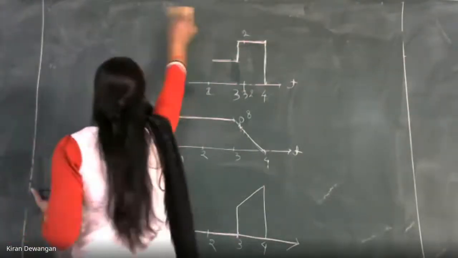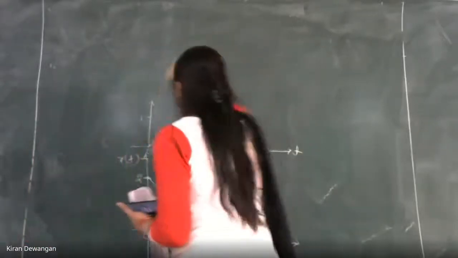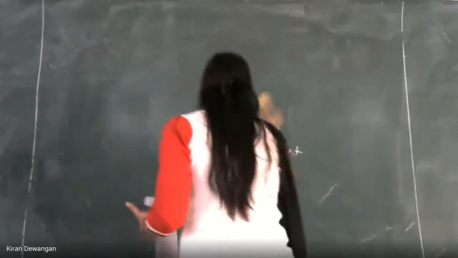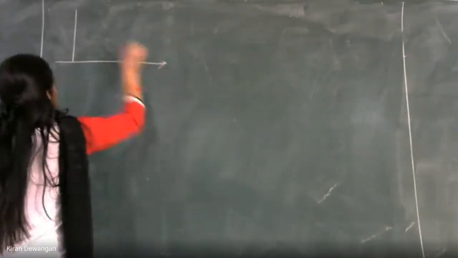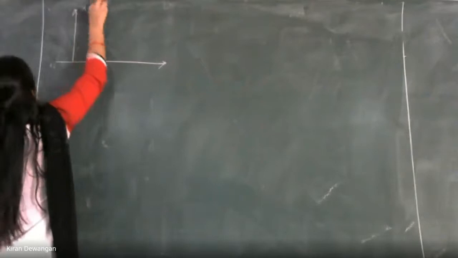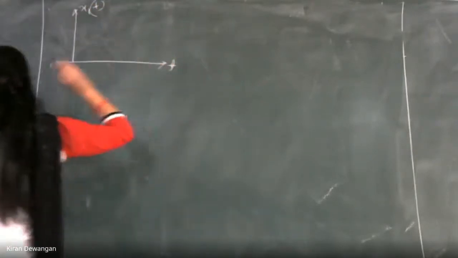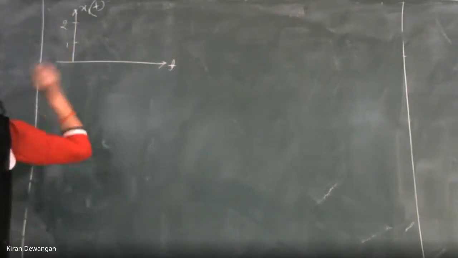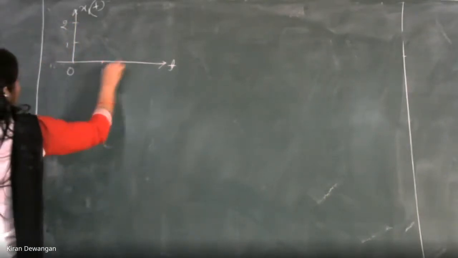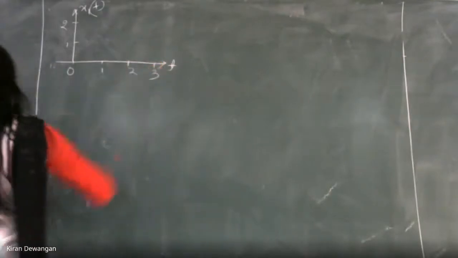Now we'll perform signal multiplication. Now we'll see how the signals get multiplied. Let us take the example of x1t, this is t axis, 1, 2, starts with 0, 1, 2, 3.